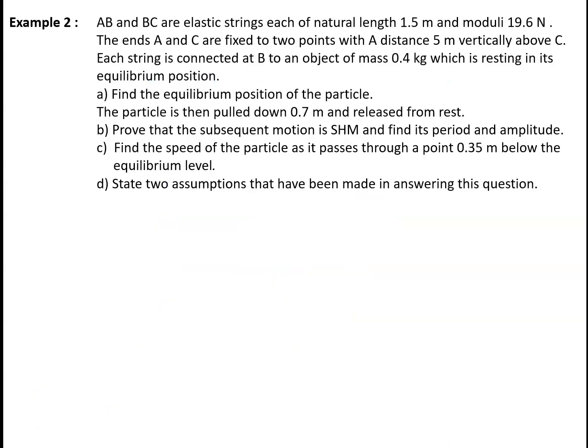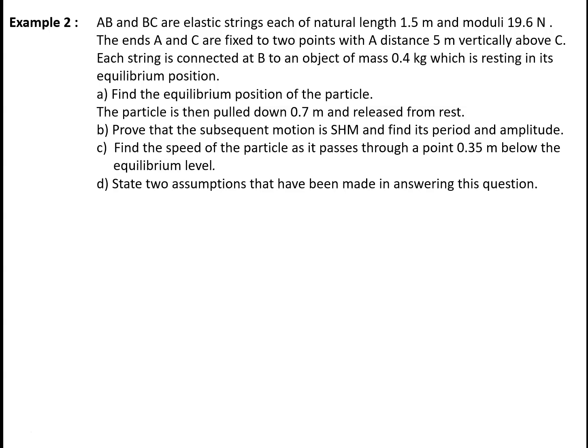For our second example, we have AB and BC are elastic strings, each of natural length 1.5 meters and modulus 19.6 newtons. The ends A and C are fixed to 2 points with A 5 meters vertically above C. Each string is connected at the point B to an object of mass 0.4 kilograms, which is resting in its equilibrium position.